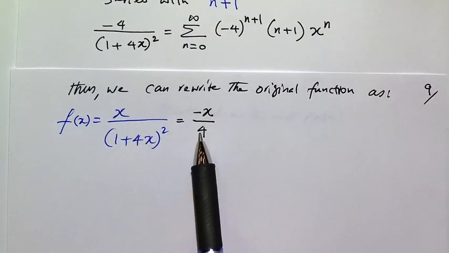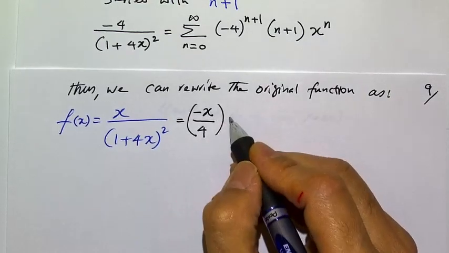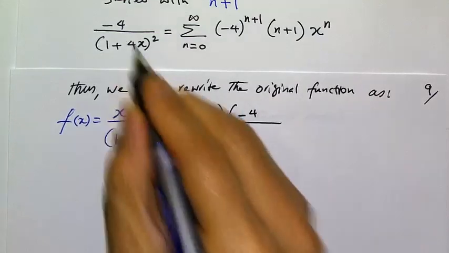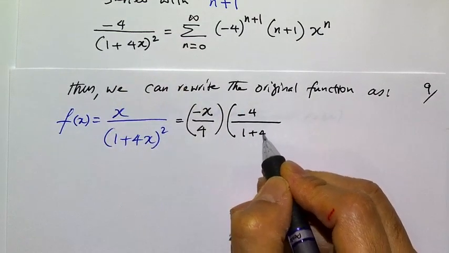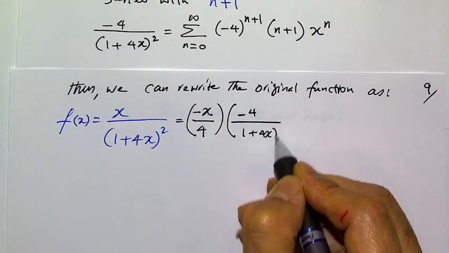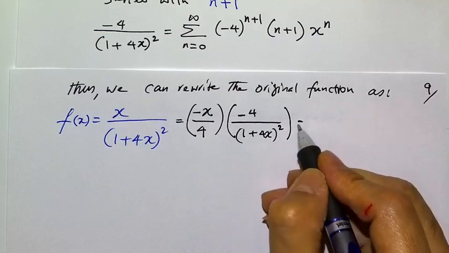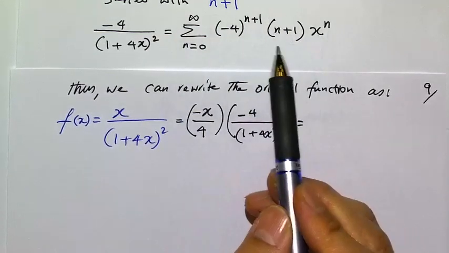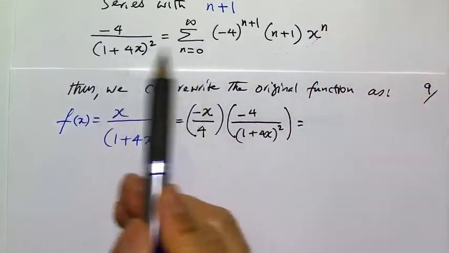So minus x over 4 times that, minus 4 over 1 plus 4x squared, like that. And we'll have to do the same thing to the power series that we have, because the power series and this function are equivalent.